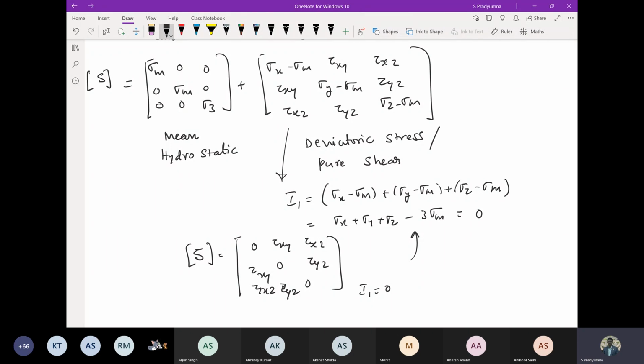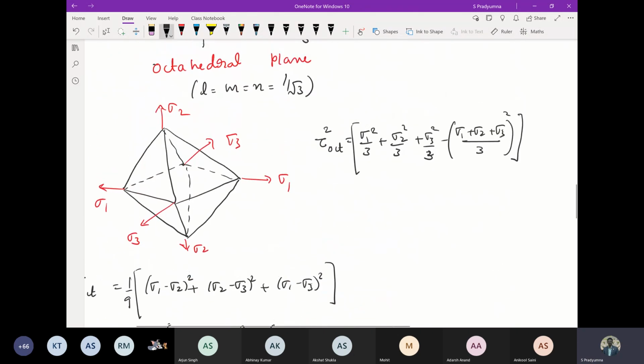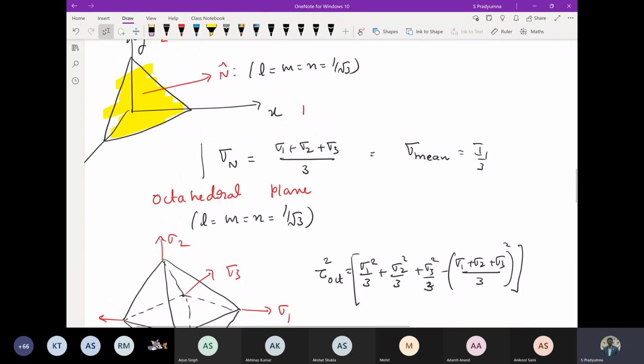When I1 becomes 0, it means that if there is a pure shear case, then there is no normal stress on that particular octahedral plane. So with respect to the principal directions, we have defined the octahedral plane. If there is a pure shear case, then there is no normal stress acting on that.